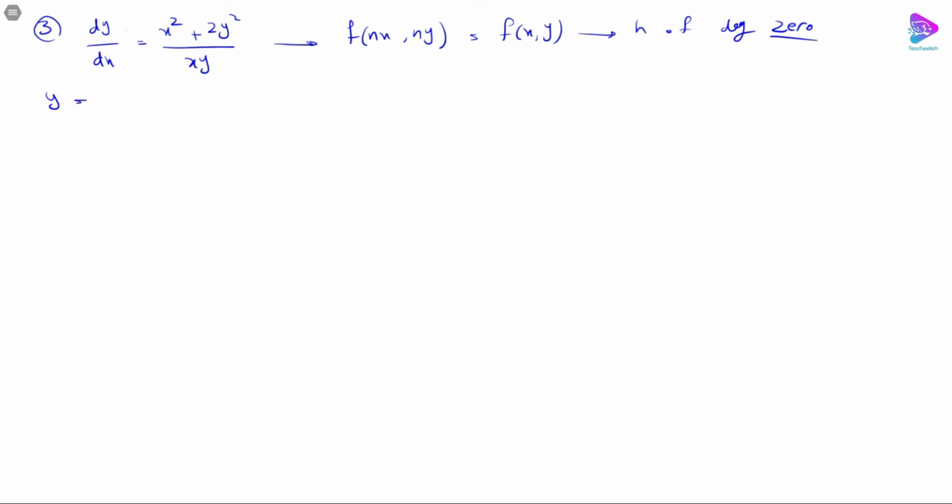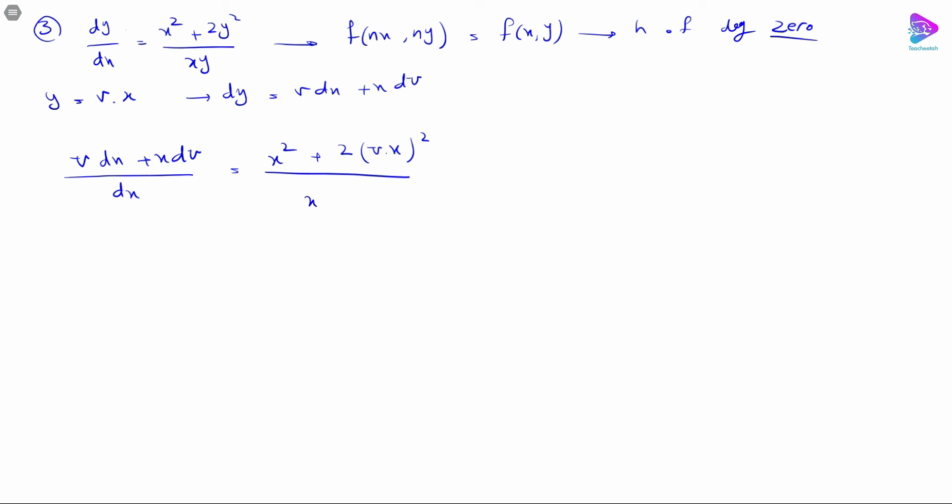So now, like before, we're gonna do a change of variable. y equal vx and dy equal v dx plus x dv. So let's take a look at that. Correct? And then over x times vx. So let's open this up.